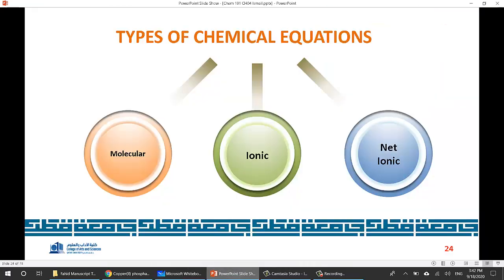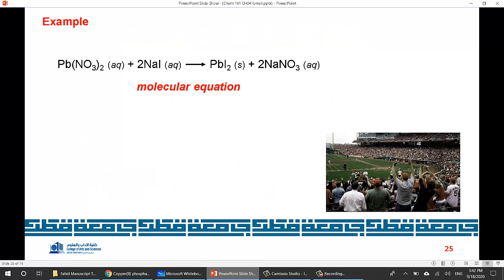So now we move on to explain the difference between molecular, ionic and net ionic equations. This is an example of a molecular equation, where you have lead nitrate, which should be soluble in water because of the nitrates. If it reacts with NaI, again it's aqueous because it's Na+ and I−.